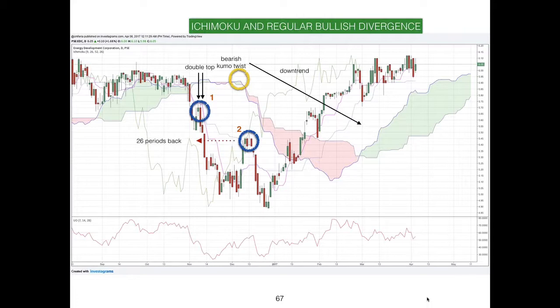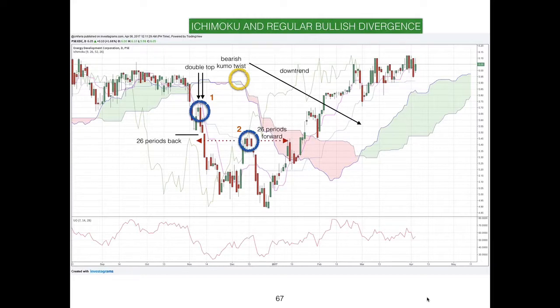So as an Ichimoku trader, what was the tell or the clue that this number 2 was going to fail? Again, it was the Chikou span 26 periods back, which was hindered by the price bars. It could not break above the price bars. This was the first reason. The second reason, or the second clue, was the Kumo.